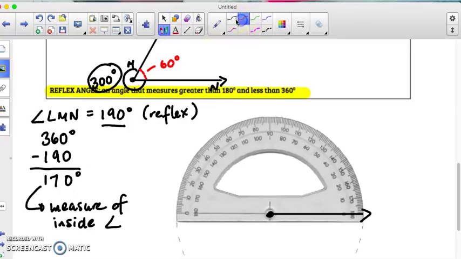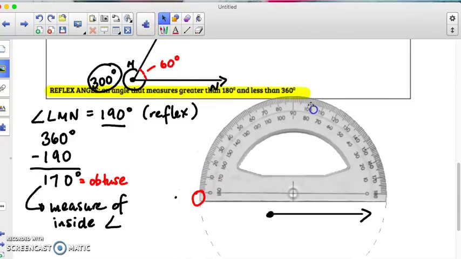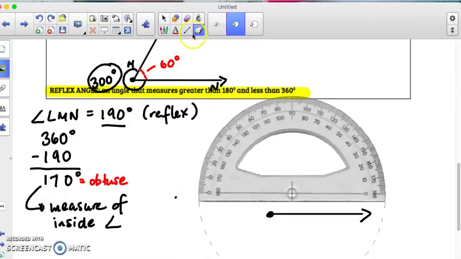Think to yourself, 170 degrees is an obtuse angle, which is the inside angle. So you're going to look for 170 degrees on this side of your protractor, which is right there. Mark it up there, and then take your protractor away. I should erase that part.